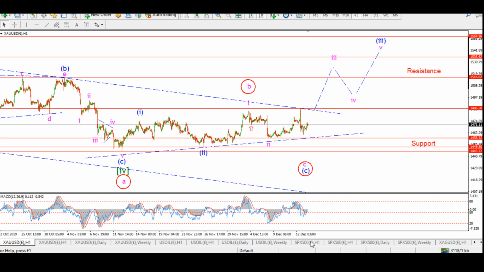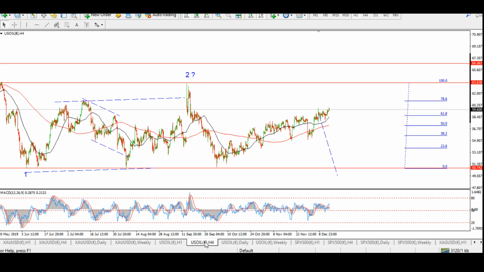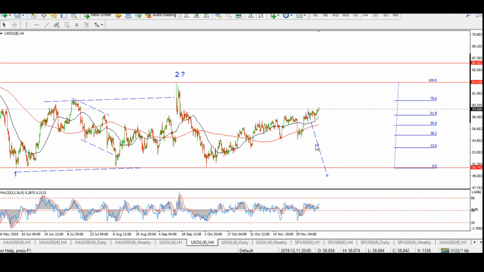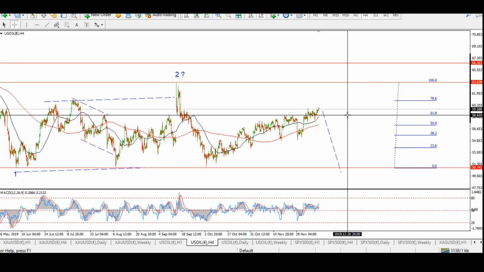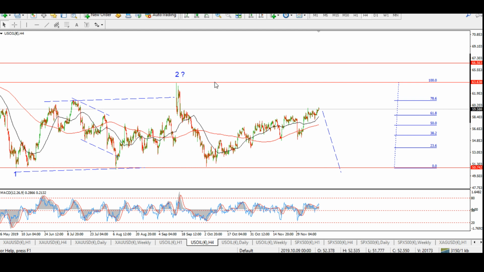Okay, so let's move on to crude oil. Crude oil, again, we're pushing to a new high today, but it's only very slight. We seem to be attracted to that 78.6 retracement level. We're not there yet. We're caught between both of those Fibonacci retracements.